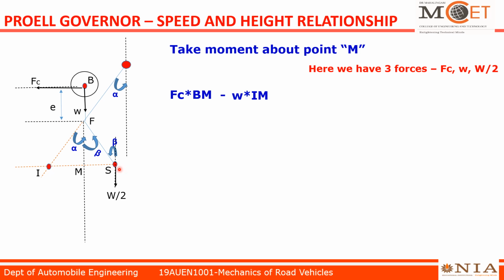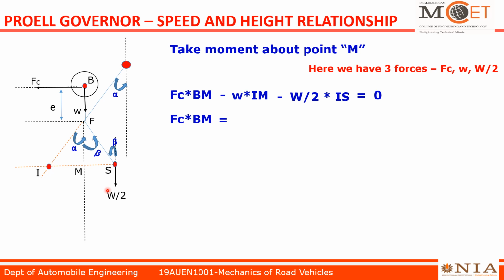Third force is caps W by 2, the vertical distance of this load is Is. It is also in clockwise direction, so I take it as minus W by 2 into Is, which is equal to 0. Now we have to resolve these forces.